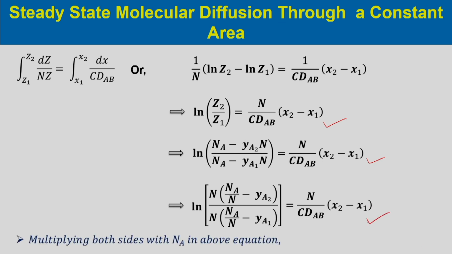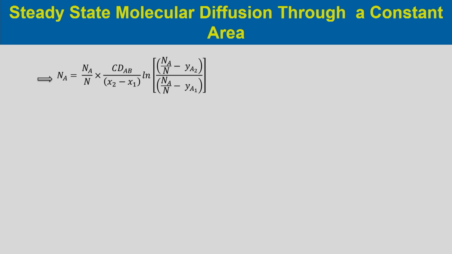Now, if we multiply both sides by NA, we will obtain NA would be equal to NA by N into C DAB by (x2 minus x1) ln of (NA by N minus yA2) divided by (NA by N minus yA1).